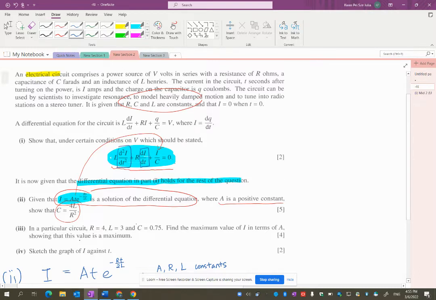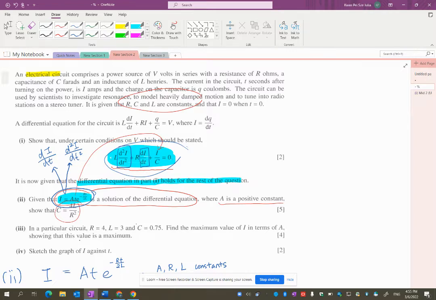So we might start with differentiating this to get di/dt as well as the second derivative, so that we can substitute this relationship into this DE, and hopefully in the process of manipulating, we can eliminate some terms and get C in terms of L and R. So that is our plan.